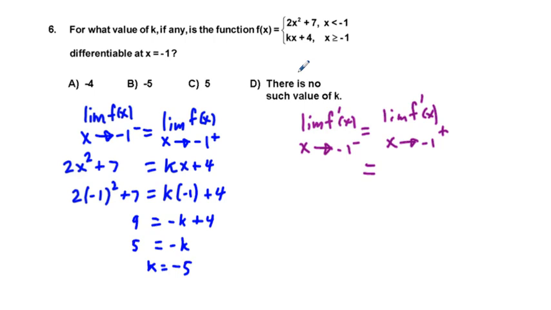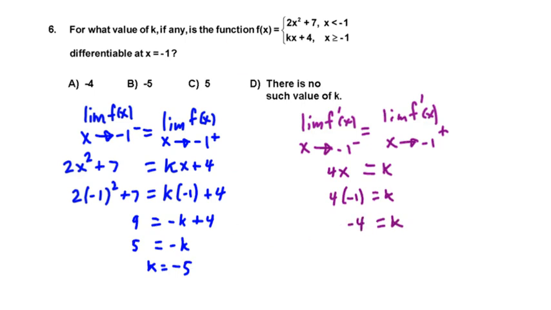The derivative of the left side, 2x squared plus 7, is going to be 4x. And on the right side, the derivative of kx plus 4 is going to be k. If we substitute in negative 1 for x, we get 4 times negative 1 equals k. So therefore k is equal to negative 4.